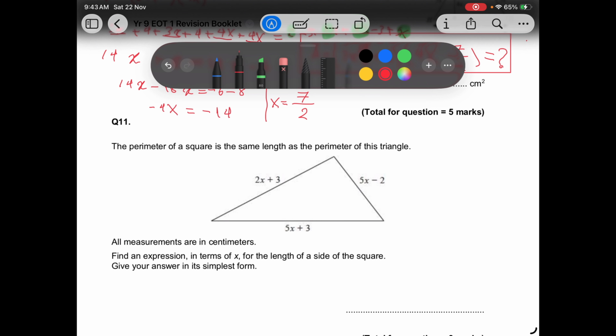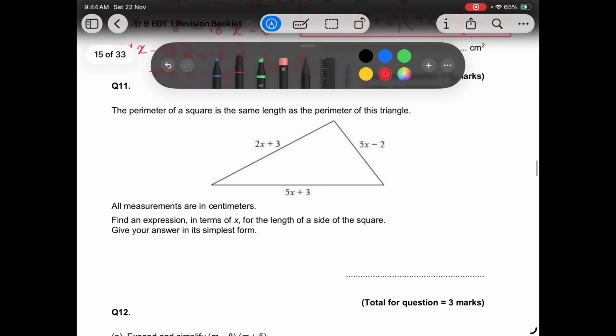The perimeter of a square is the same length as the perimeter of the triangle. So the square is not mentioned here. I can't see any square, but there is a square which has the same perimeter as this given triangle.